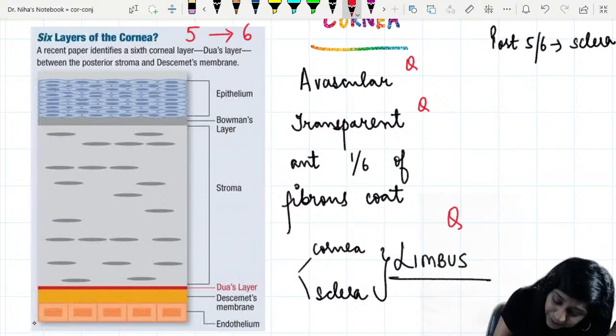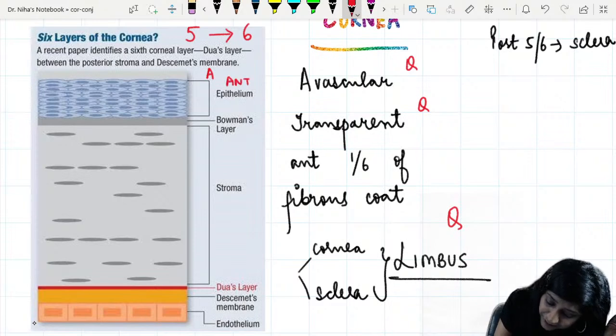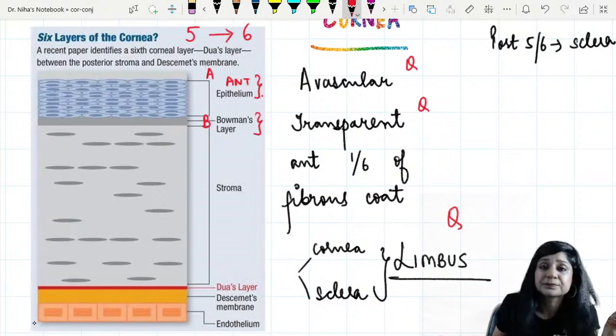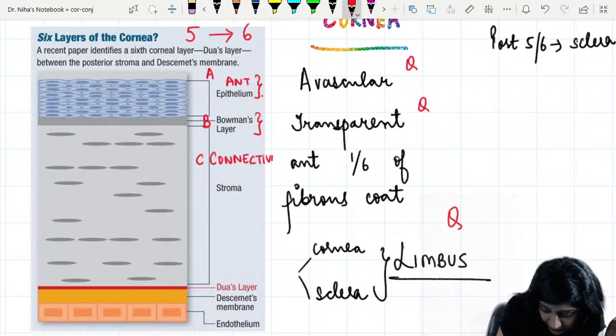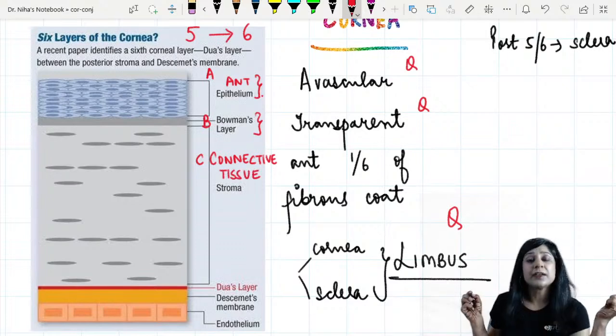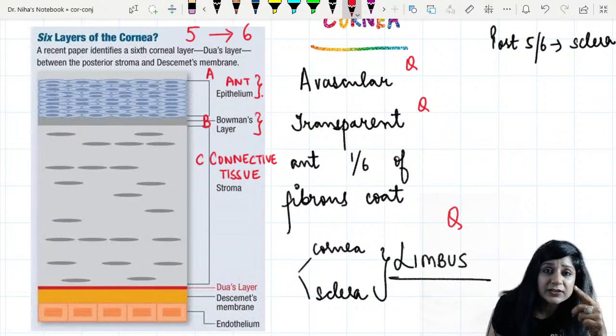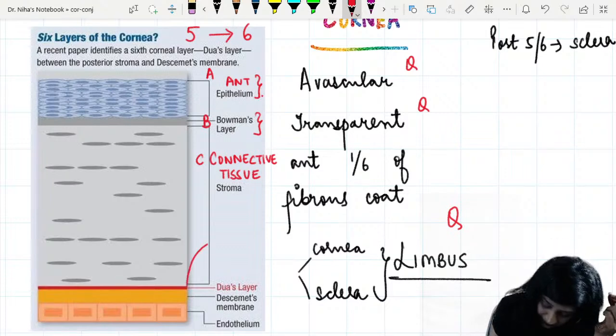A is your anterior epithelium. Then we have B, B for Bowman's layer. Then we have C, C is for connective tissue stroma. Then we have D, and here we have 2 things: D for Dua's layer, and D for Descemet's layer also.